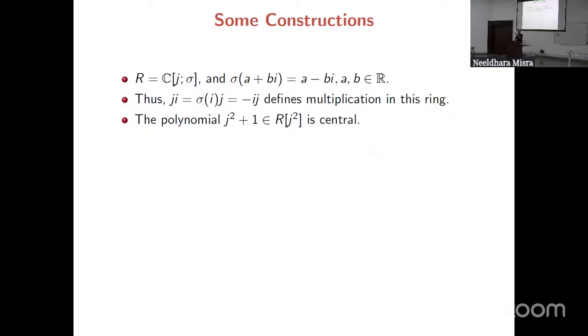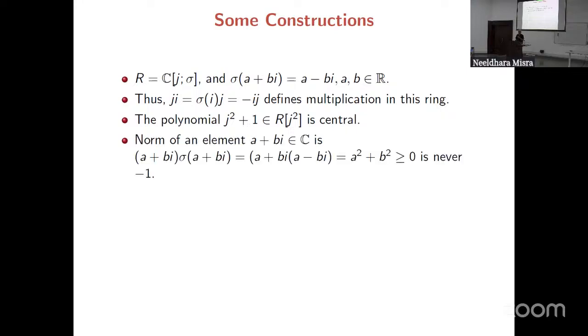That's because the norm of all elements, a plus bi into a minus bi, is a square plus b square, which will be non-negative. So it will never be minus 1. So j square plus 1 is a central polynomial, and the norm of any element is just what I told, because a plus bi, you apply sigma to it, you get a minus bi, and there are no other automorphisms.